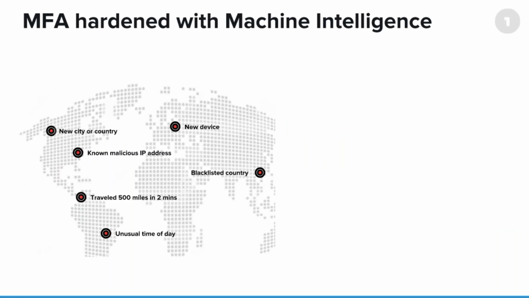A few minutes ago, Merritt talked about risk-based authentication, or RBA. The kinds of threats we're talking about with RBA are listed on this slide: login attempts coming in from unfamiliar cities or countries, unusual times of day, previously unseen devices, or logins from multiple places that are impossible to travel between unless you're in orbit around the Earth.